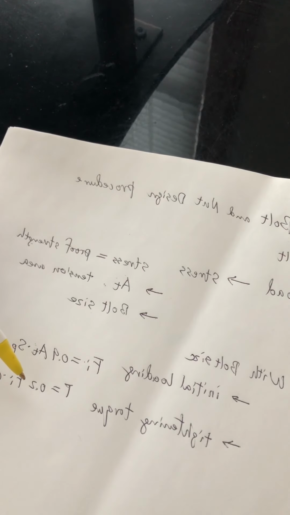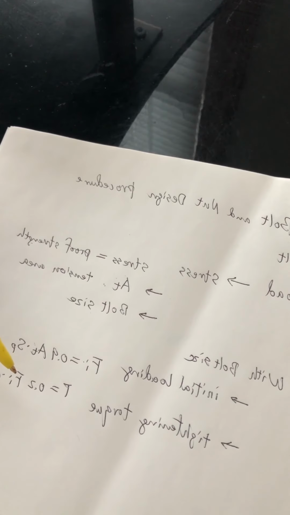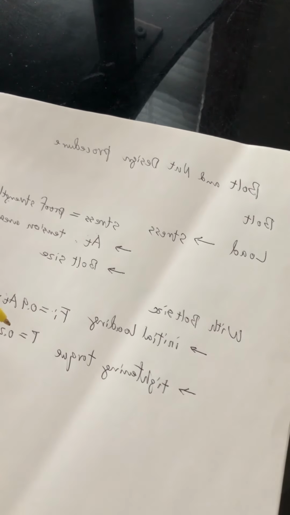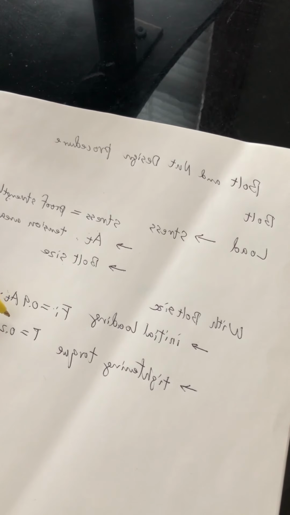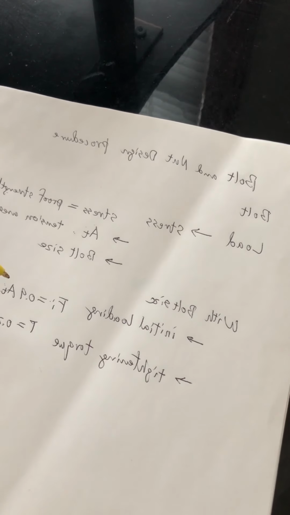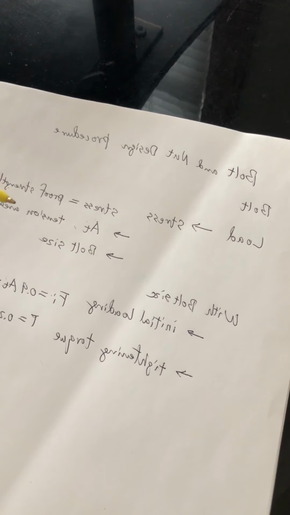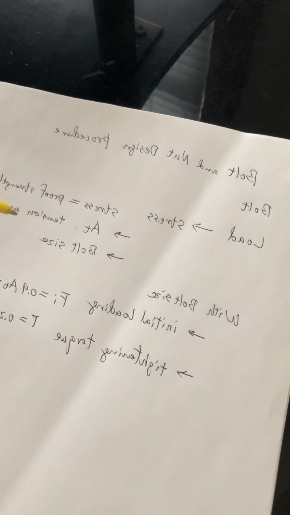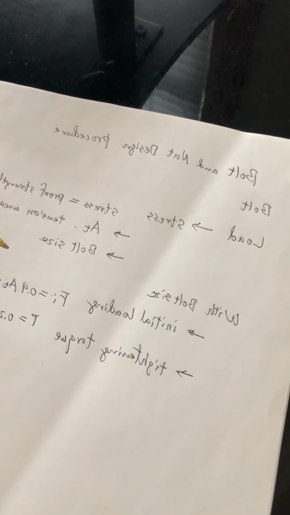We need to find out how much torque we need to tighten the bolt and nut. Now that's another question, because we designed the nut using softer material, not really soft, but less strength than the bolt.